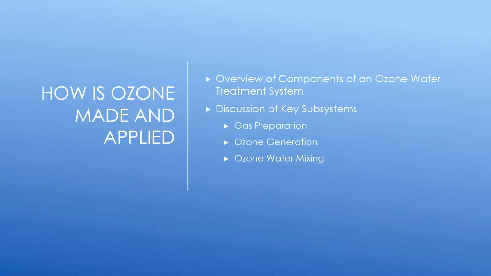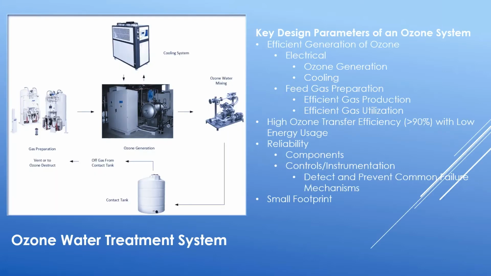Now we'll talk a little bit about what an ozone water treatment system is and some of the key subsystems. The picture on the left shows the various components that would go inside an ozone water treatment system.